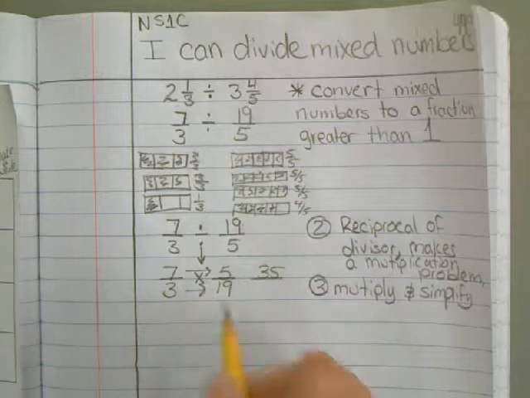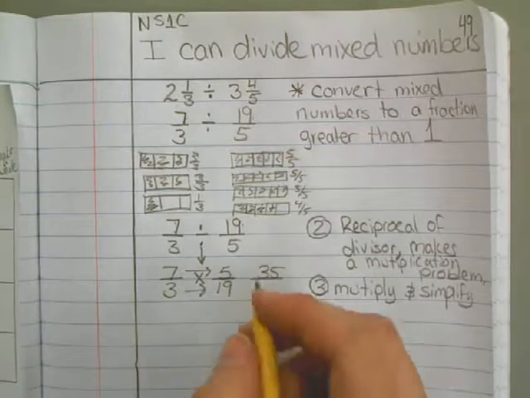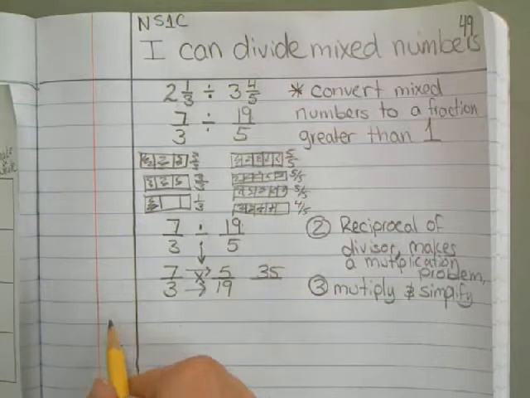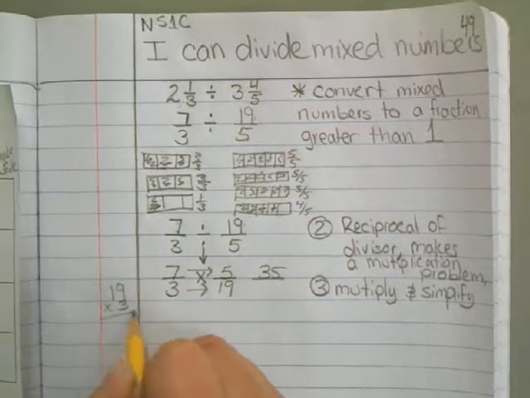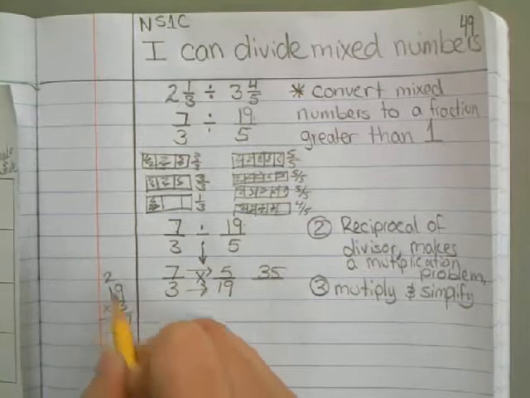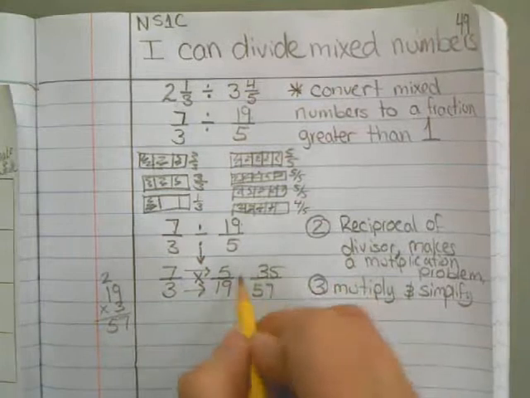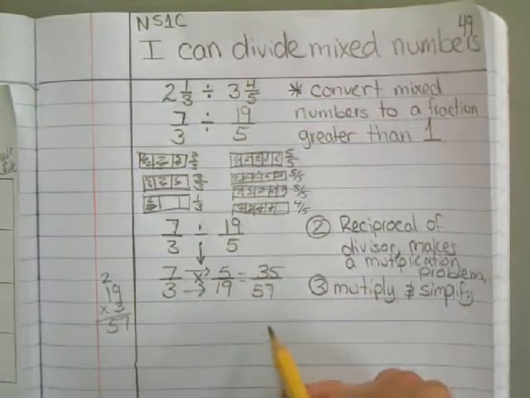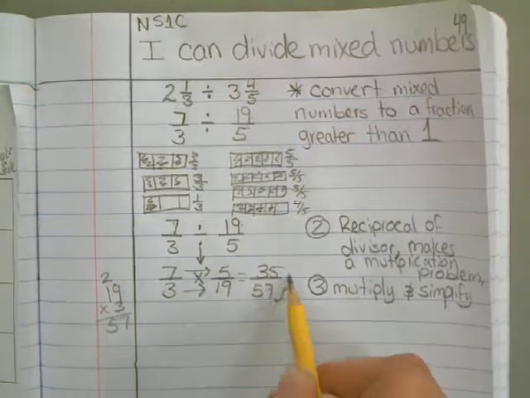Now, if you're not sure about 3 times 19 in your head, you could do a multiplication chart, or just off to the side of your paper you could write out 19 times 3. 9 times 3 is 27, 3 times 1 is 3, plus the 2 is 5. My answer would be 57. So my answer then is 35/57, which I cannot simplify. So that would be my final answer.